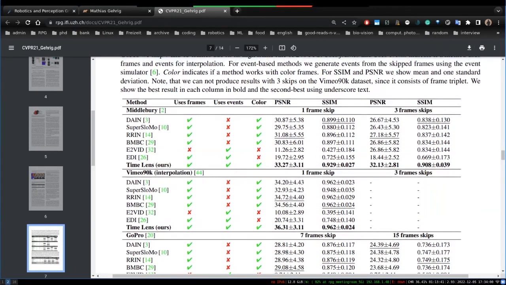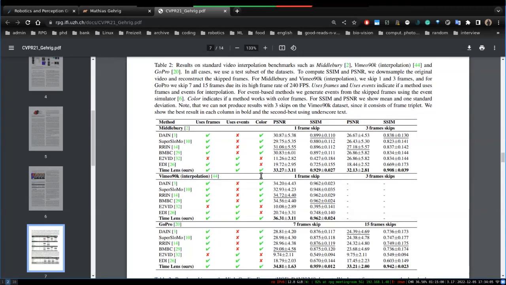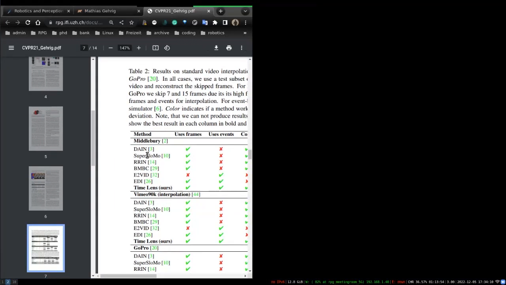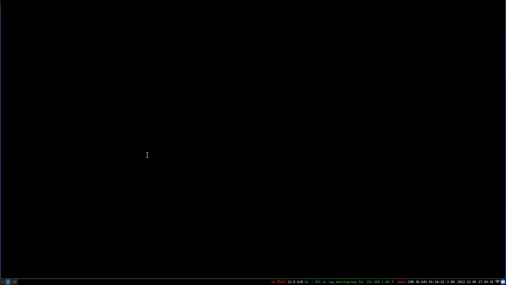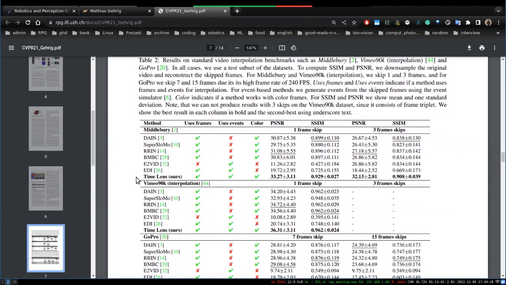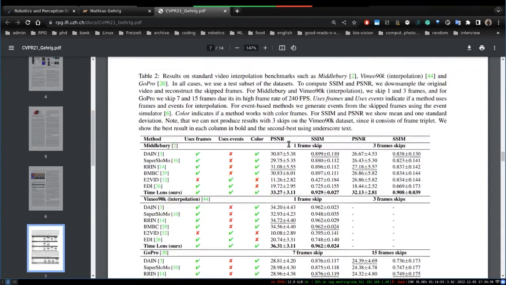Yeah, for example, this is from the paper that I just mentioned, Time Lens. We can see, for example, that we compare against DAIN, Super SloMo, PMBC, and EDI, so I would say some well-known competitors. The difference in PSNR here is around 2.5 for DAIN, and for Super SloMo it's over 3.